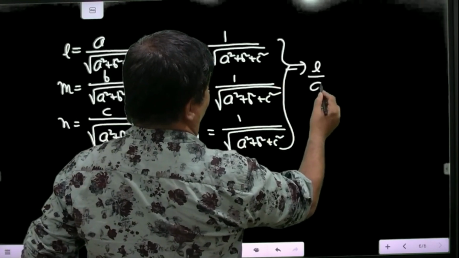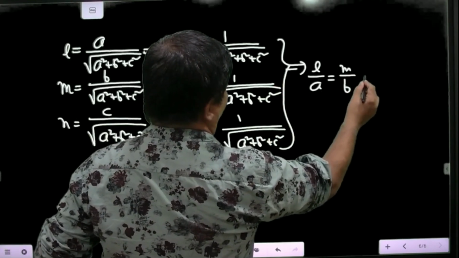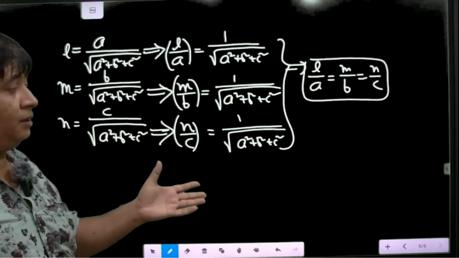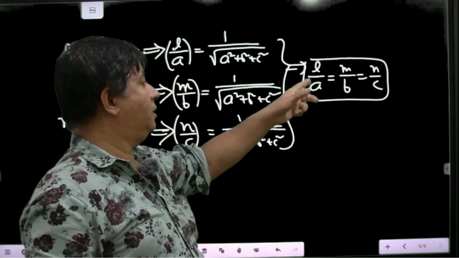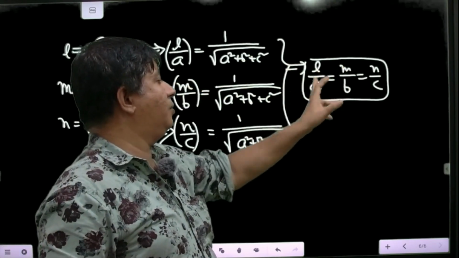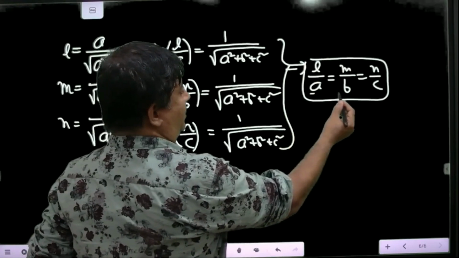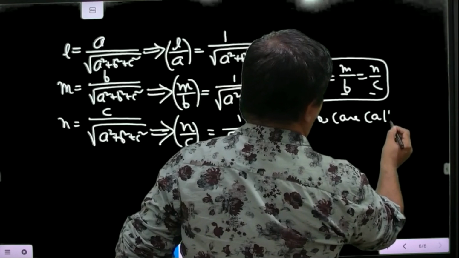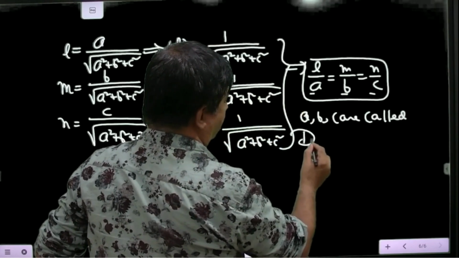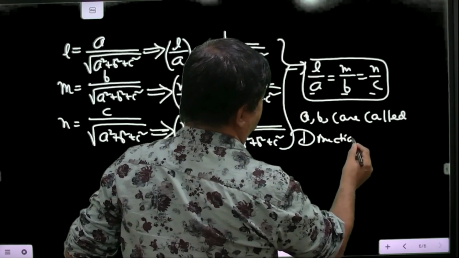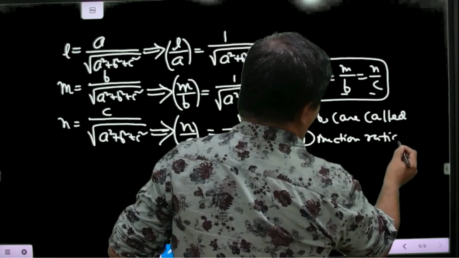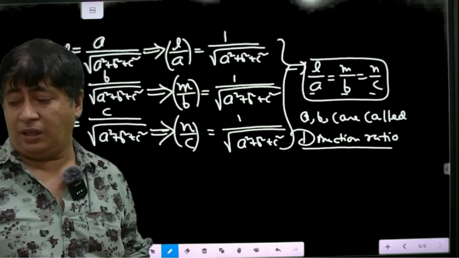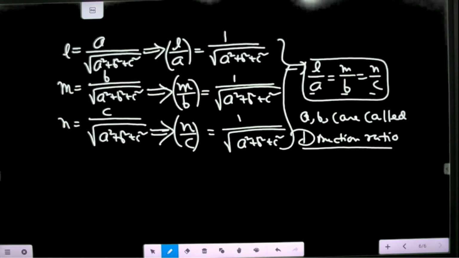Here the elements are in ratio with A, B, C. So these A, B, C are called direction ratios. Direction ratio. Okay. Well, I hope you understood what direction ratio and direction cosine are.